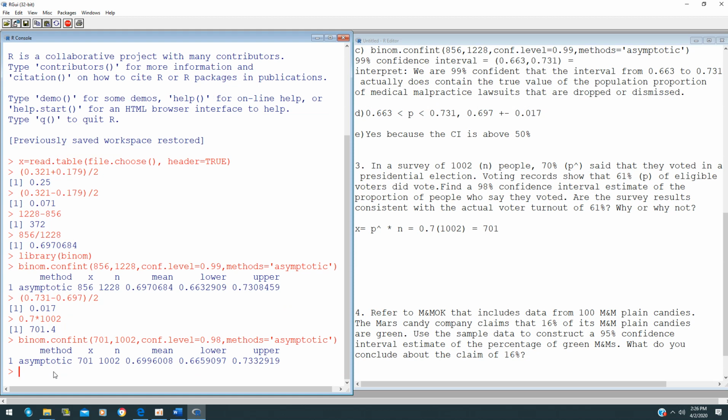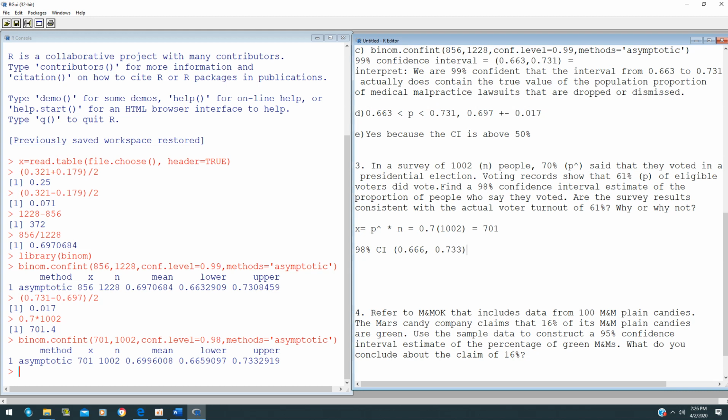You do not need to call library(binom) because I haven't exited this R yet. Once you exit R, and if you come back in another hour or two or tomorrow, then you have to type in library(binom). Okay, so your 98% confidence interval in this case is given by 0.666 and 0.733.